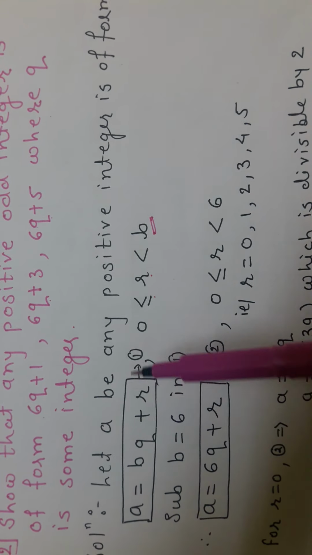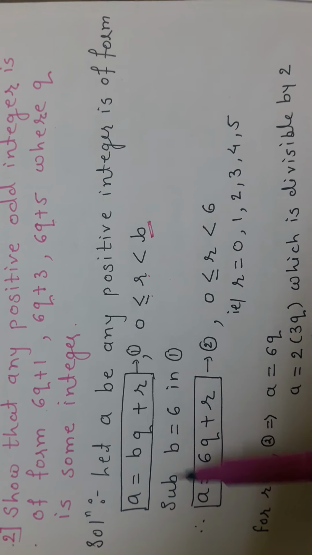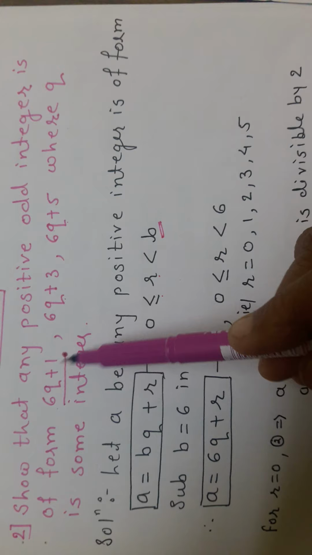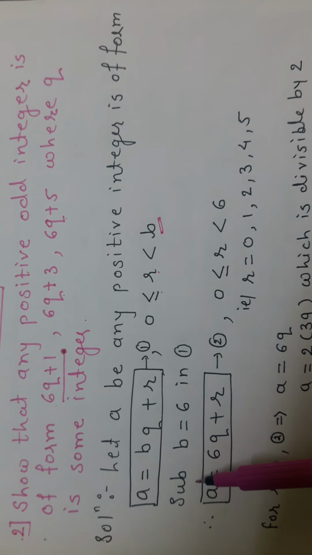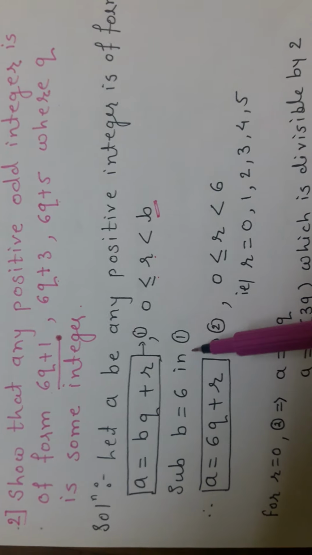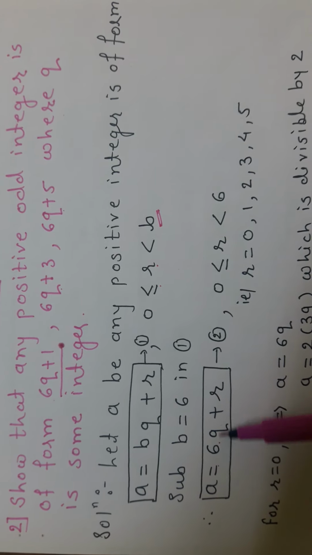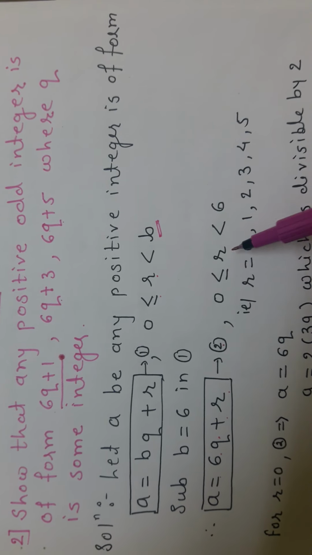Now how to solve this problem, and this problem is very important. Here we have to show any positive odd integer is of the form 6q plus 1. That's why we will substitute b is equal to 6 in equation 1. So what we will get, a is equal to 6q plus r. This we will call the second equation.